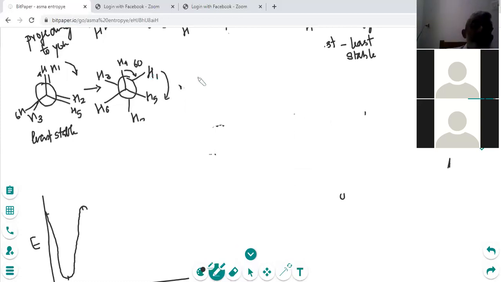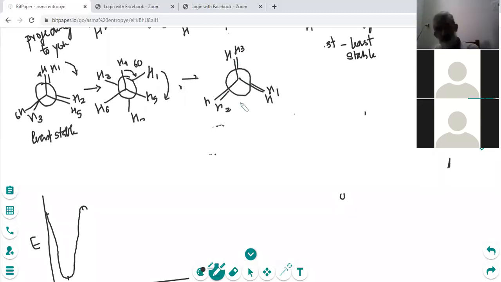Again you get the next eclipsed conformation. Here is hydrogen, there is hydrogen, there is also hydrogen. You get exactly the same as 0. So this is 1, this is 2, and this is 3.